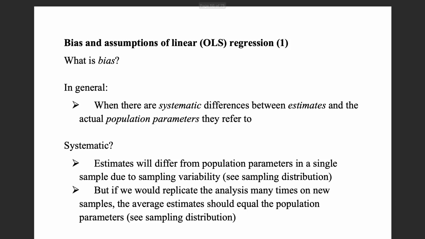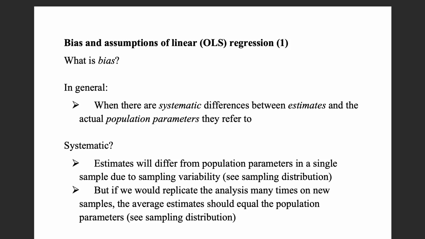What is an issue is that, think about this always in the context of, okay, what would happen if I would take a new sample and replicate my analysis from the same population, and then again I take a new sample and replicate my analysis. So in other words, as always, think about what would happen in the long run with my estimates, my regression estimates in this case, or whatever other statistical estimates you are taking.